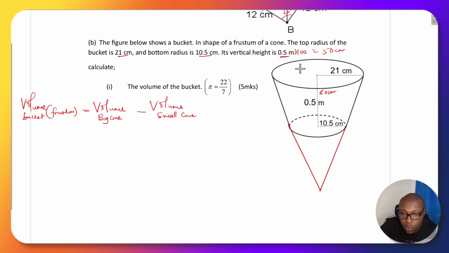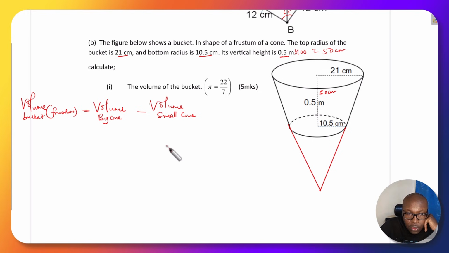You can see we have two cones. The bigger one, the one that begins from this point, the whole of this, and then the smaller one, that is beginning from this. The smaller one has a radius of 10.5, then the bigger one has a radius of 21.